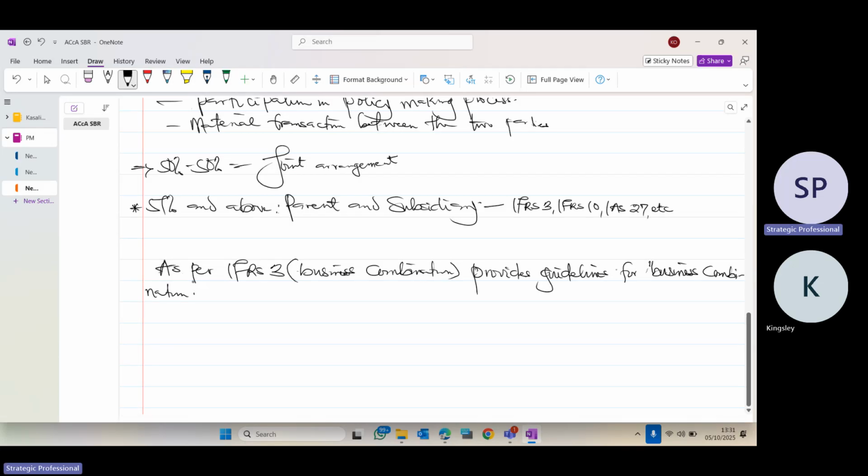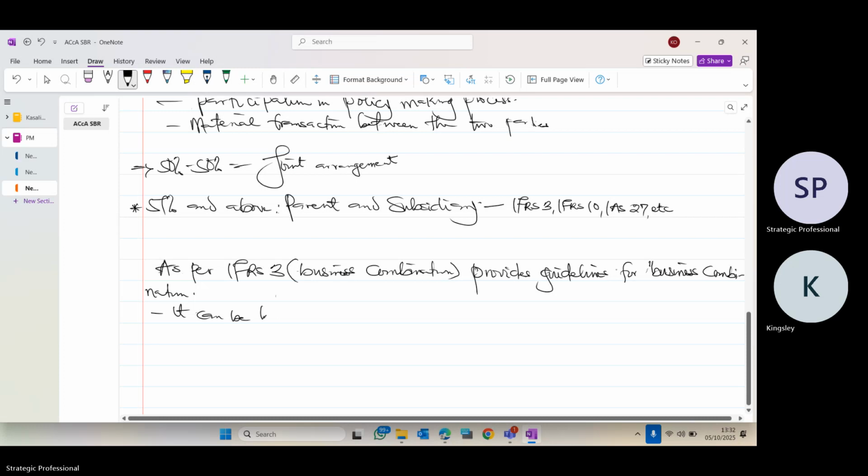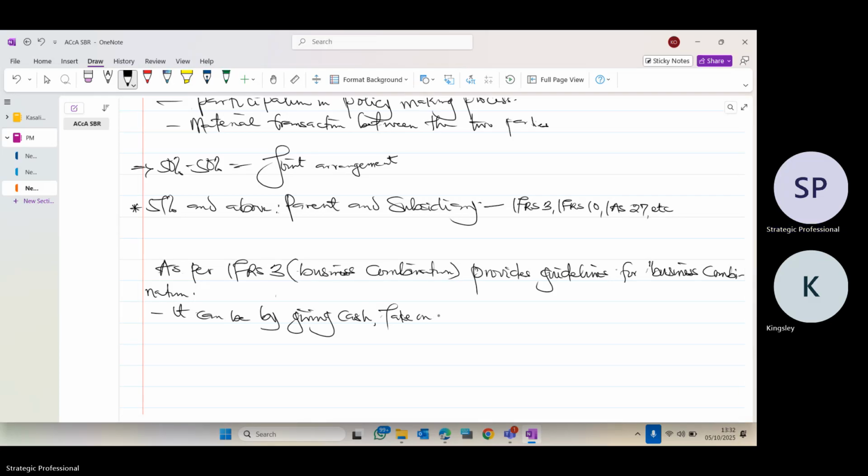It says that, one, it can actually be either by giving cash, by taking on liability, or by issuing shares.